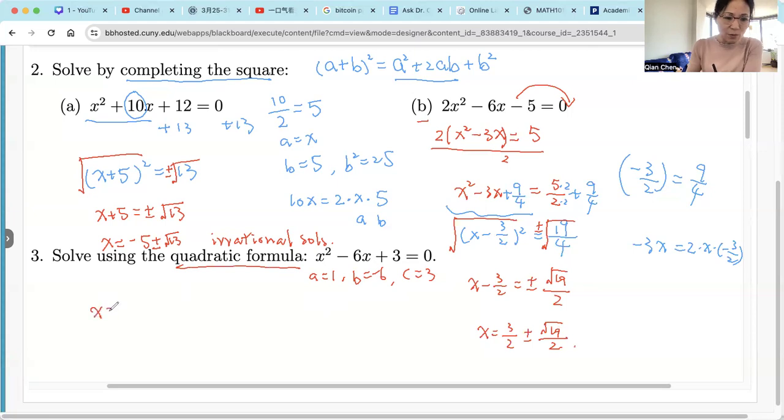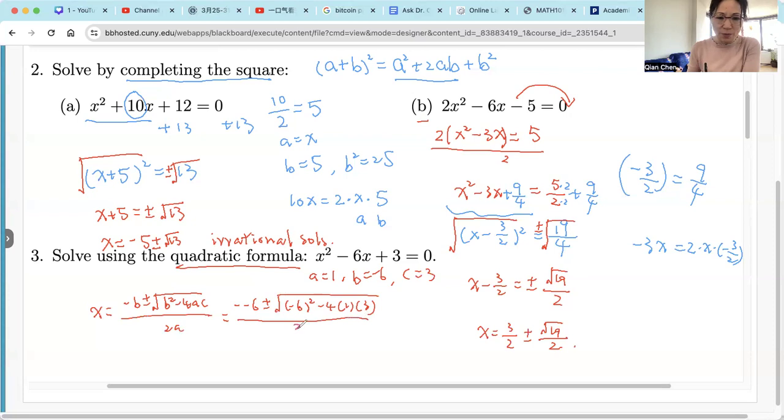Then we plug into the quadratic formula, which is negative b plus or minus square root of b squared minus 4ac, divided by 2a. Well, negative b, right? So I have negative negative 6 plus or minus square root of negative 6 squared minus 4 times a, which is 1, times c, which is 3, all divided by 2 times a, 2 times 1.